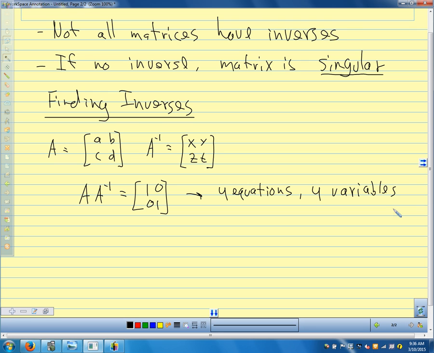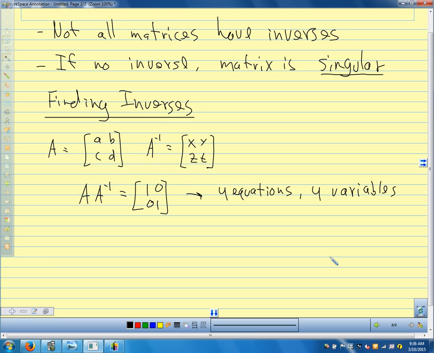So in order to find the inverse of this 2 by 2 matrix, you solve 4 equations with 4 variables. That doesn't sound like much fun. It's not much fun. But luckily, what mathematicians do is look for patterns and try to figure out shortcuts.